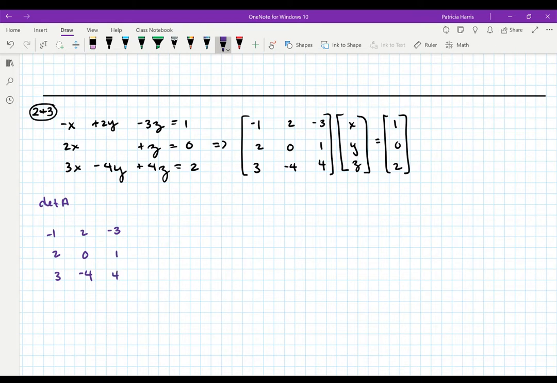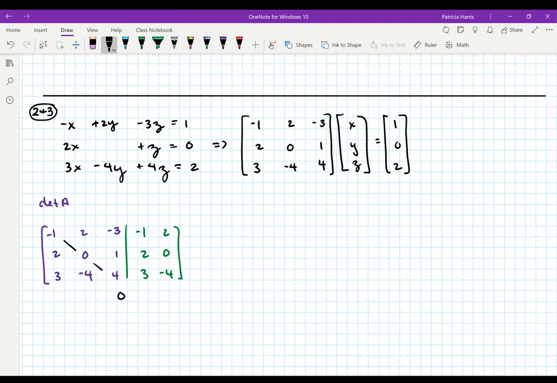Make sure you have everything written down correctly. And then you're going to write the first 2 columns over, because you need to do your down diagonals and your up diagonals. So very carefully, very slowly.